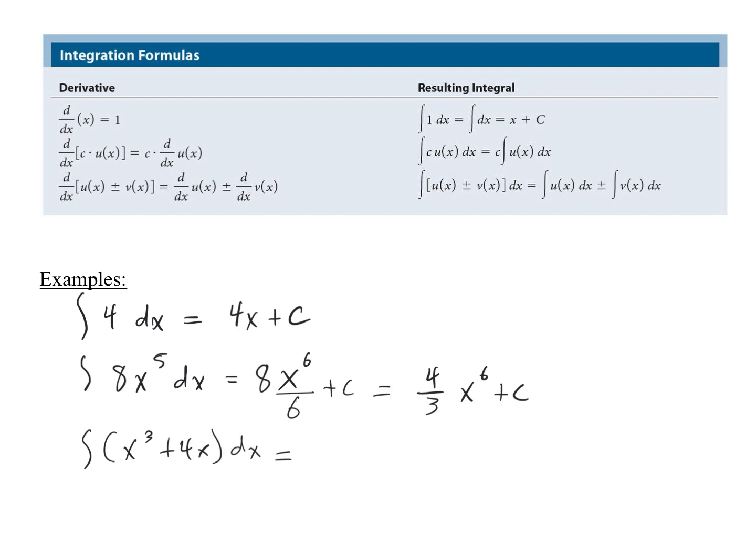So you need to find some function whose derivative gives you the thing that's inside parentheses. We'll do this one step at a time. So I think about x to the third, and I increase the 3 to a 4 and divide by 4. Then we add on the 4x. There's a coefficient on the x, it's the number 4, and then I write x. I'm going to increase its exponent by 1.